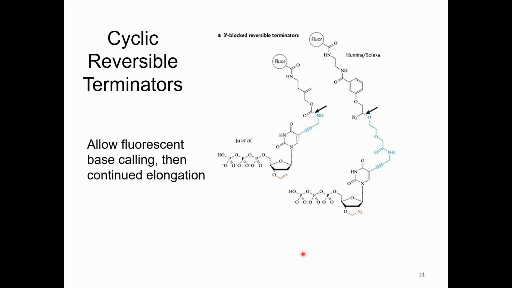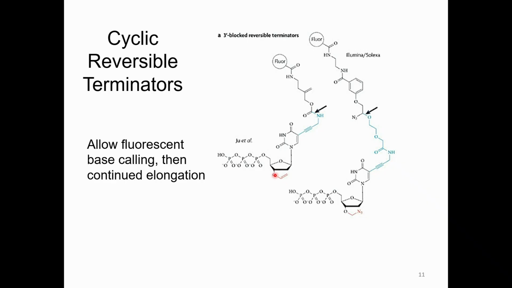So how does this work? It turns out that the chemistry of the nucleotides, again, that's very important. So these nucleotides used in next generation sequencing are called cyclic reversible terminators. And the chemistry kind of shows you how it works. So here are two examples. They both function in similar ways. But what you'll see is that it has an interesting chemistry at the 3' where the hydroxyl is supposed to be.